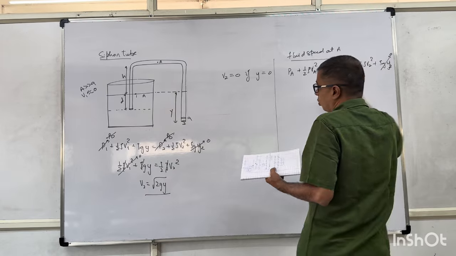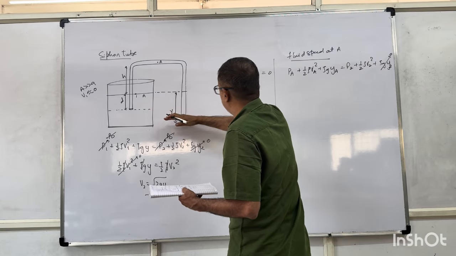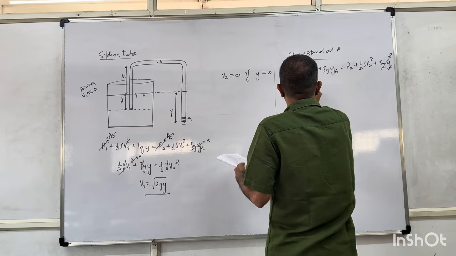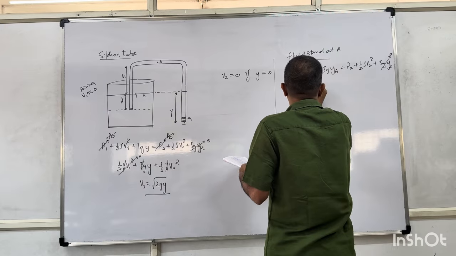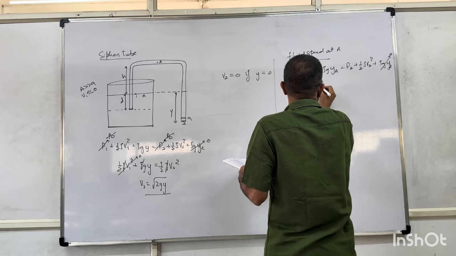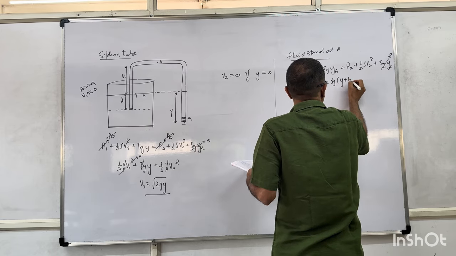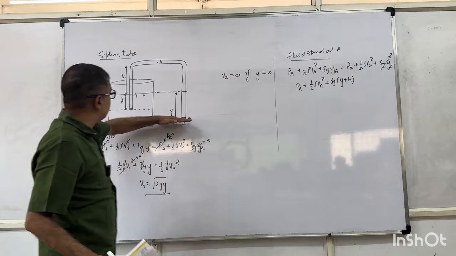This will be 0. You are taking this as the reference line, right? PA plus half rho V square plus rho G y plus h. You are taking this as the reference line.